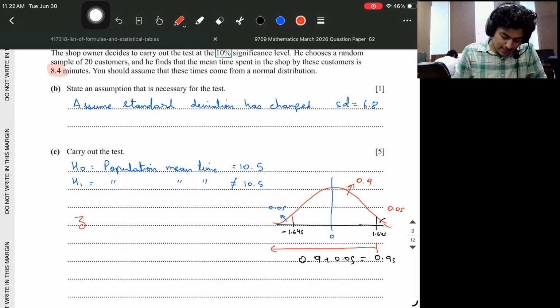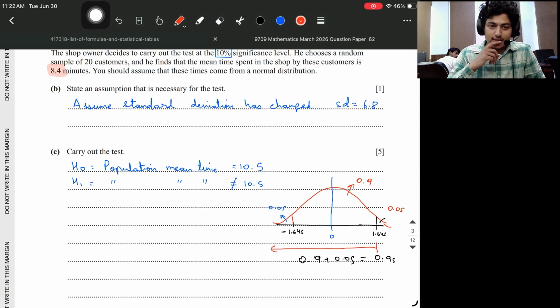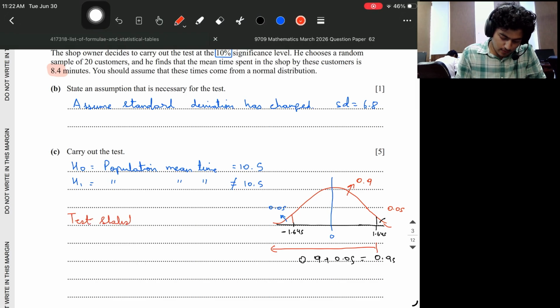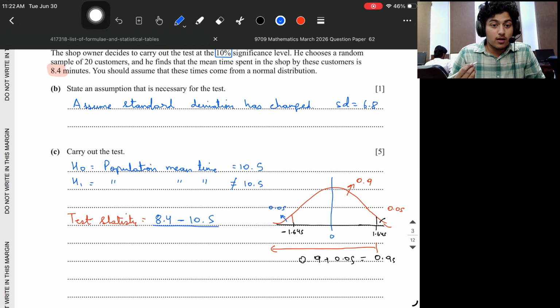The formula becomes for the test statistic, that is the actual value that we compare our answer against: the new mean 8.4 minus the old mean, which is 10.5, upon the standard deviation divided by the under root of the sample size. This is basically the formula for that.